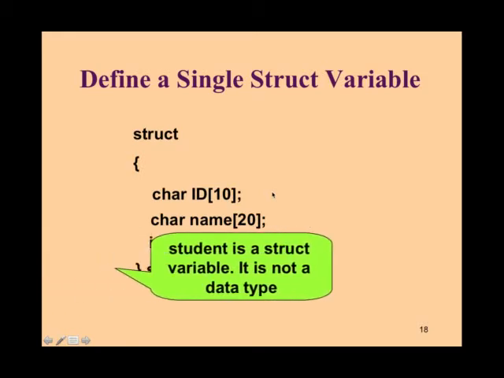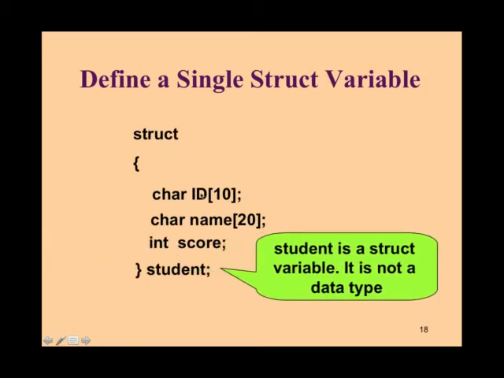Let's say for a student you want to declare ID, name, and score, then you can do struct, no name needed here, members that you need, closing brace, student. Student then is no longer a data type, it's just a variable. You can do student.id to get this field, student.name to get this field, student.score to get that field.